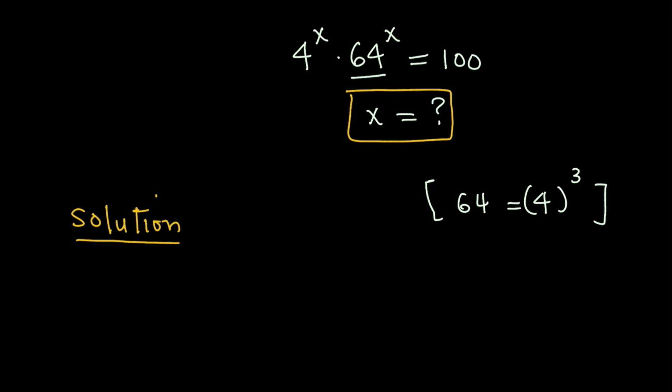Therefore, the new equation will become 4 raised to power x times 4 raised to power 3 raised to power x is equal to 100.